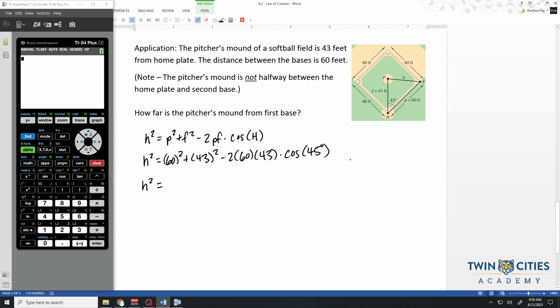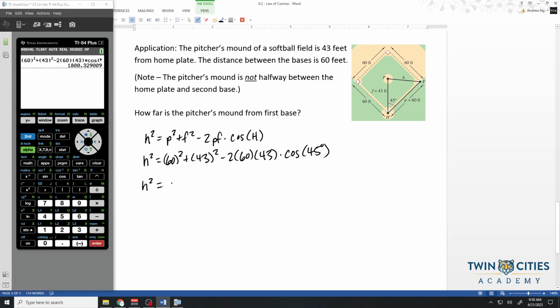Let's plug all of that into a calculator. I've got 60 squared plus 43 squared minus 2 times 60 times 43 and then times the cosine of 45 degrees. Okay, so I've got 1,800.329.